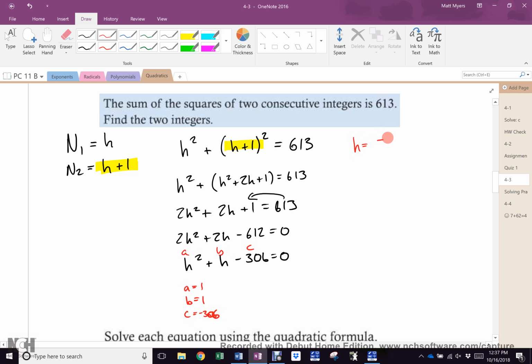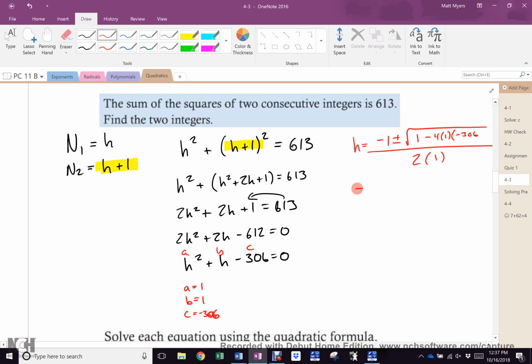Negative 1 plus or minus the square root of. What is B squared? 1. Minus 4 times 1 times what's C? Negative 306. Over what? 2 times A, which is what?